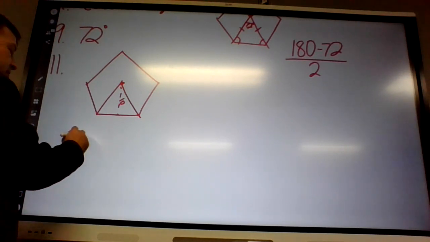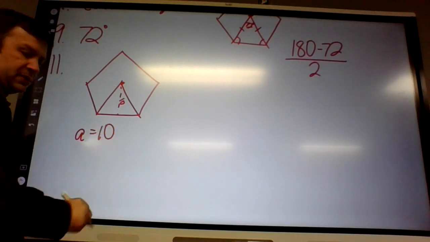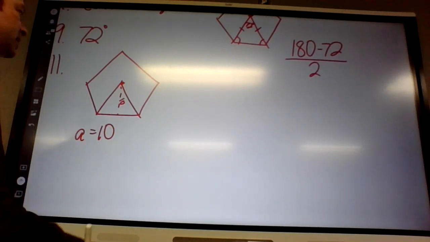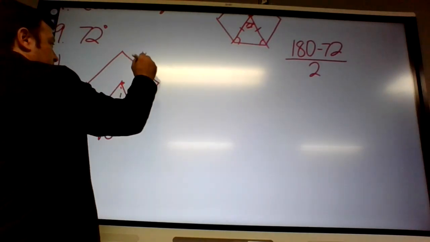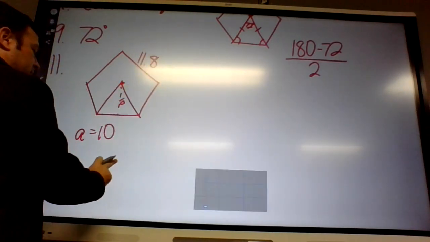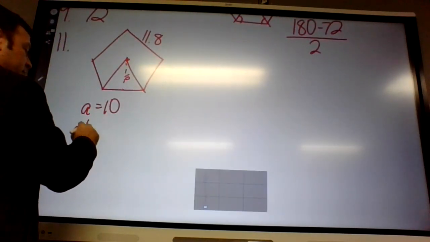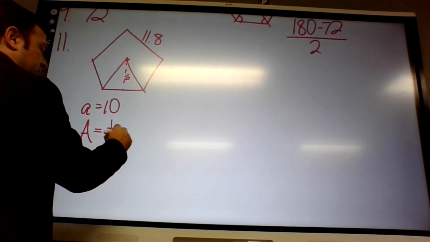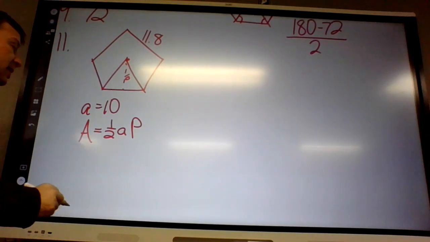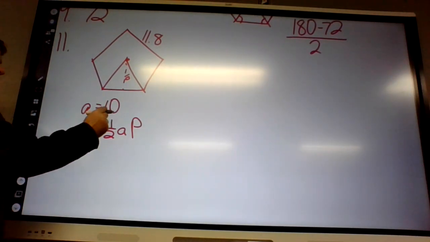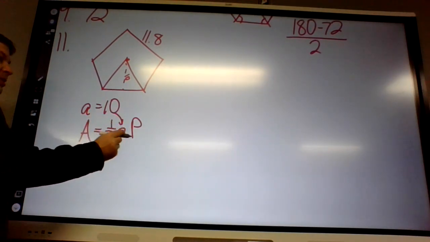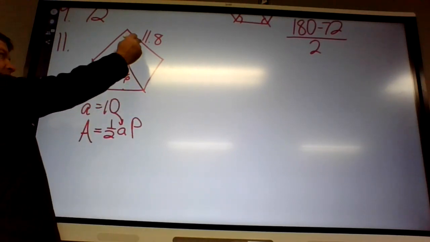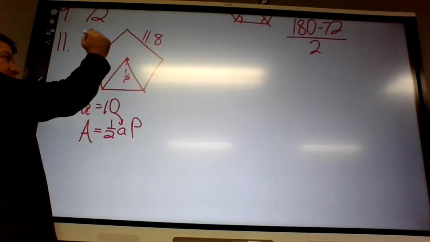So the apothem is 10, and it also says that WX is 11.8. Do you guys remember the formula for area? A equals 1/2 AP, apothem times perimeter. We know the apothem is 10, so that goes right there. But what's the perimeter? 11.8 times 5.